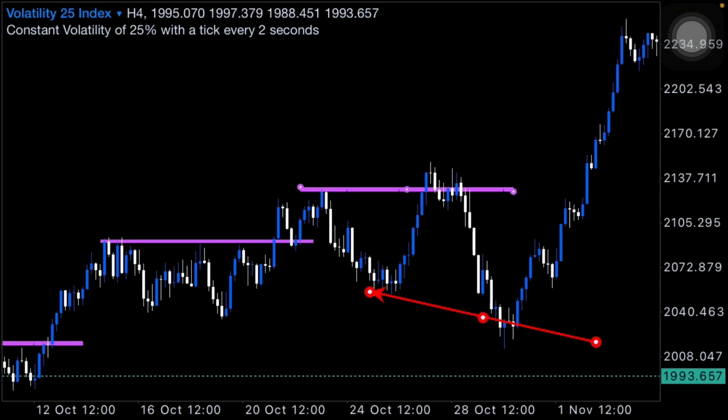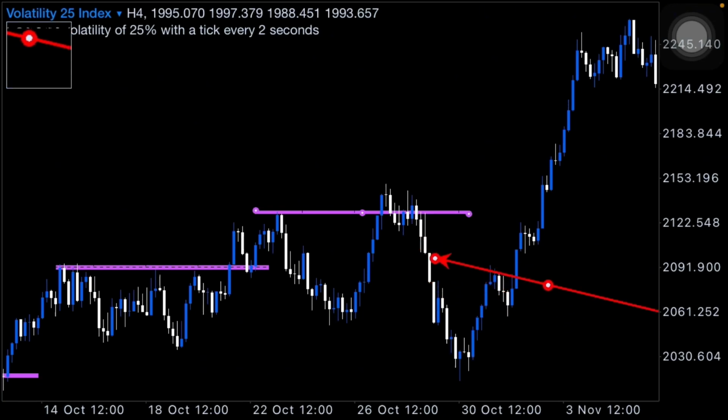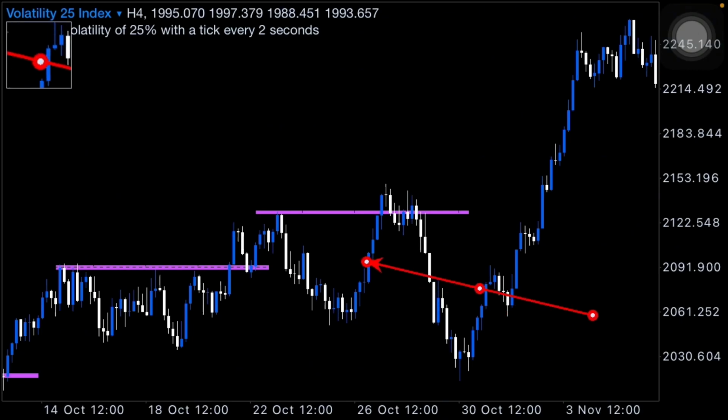Okay, so it creates a higher low. Let's copy this. As it creates this low, it then went on to break this low right here.